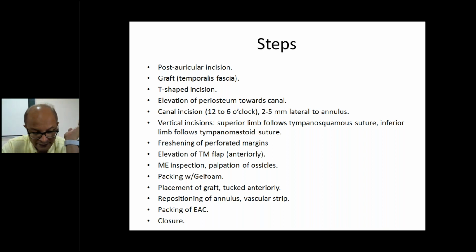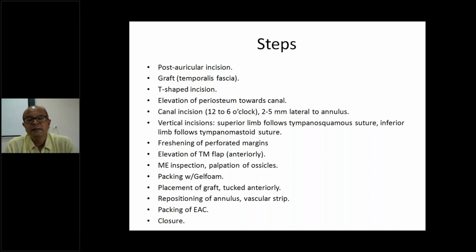So the diameter at the tympanic membrane and the diameter at the lateral part of the external auditory canal are in the ratio of 1:2. The diameter of the external auditory canal at the lateral-most part should be twice the diameter at the level of the tympanic membrane.